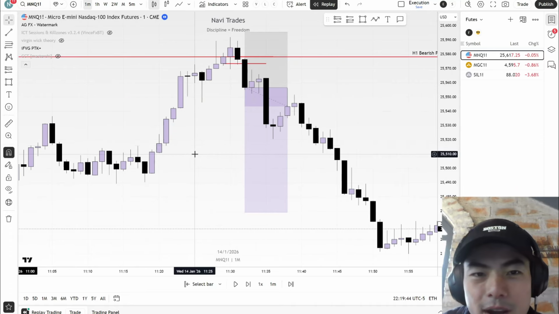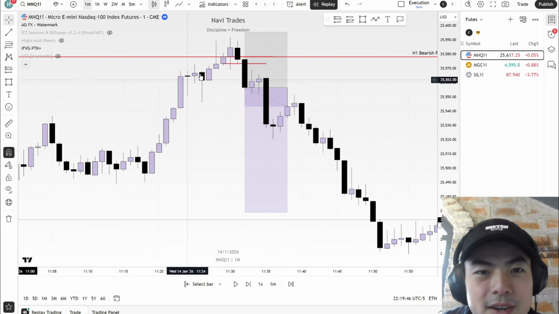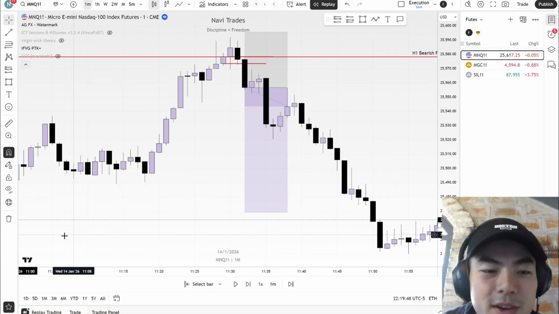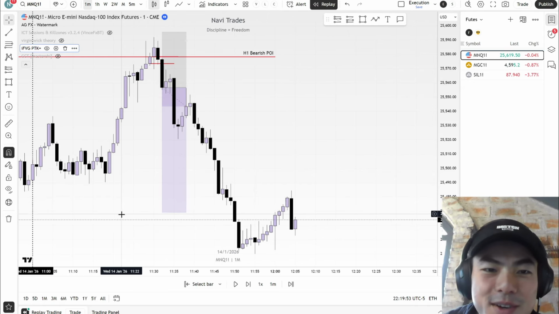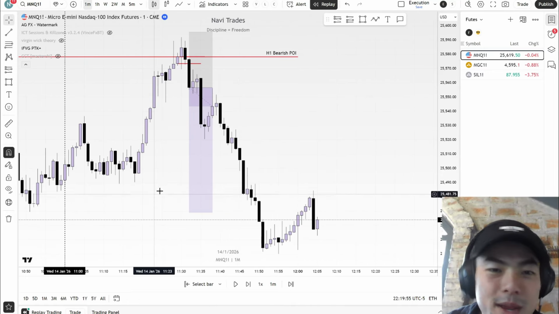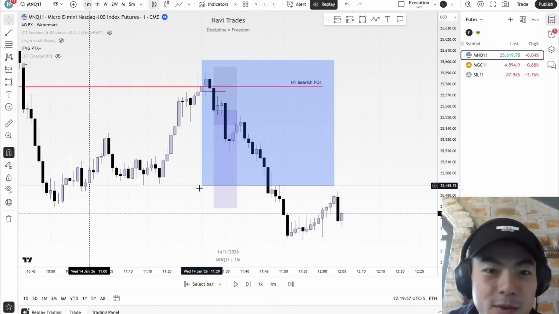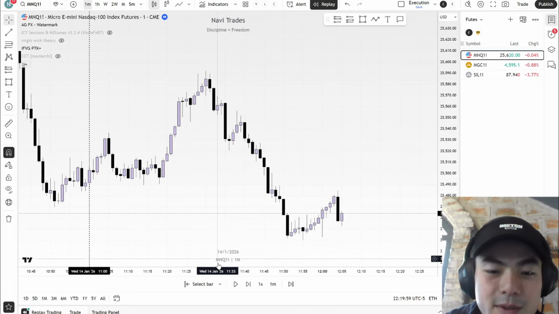But yeah, I only play IFVGs. I did not see an IFVG here, so I wouldn't have taken that. Plus, I don't trade from 11 a.m. anyways. That's like bedtime for me because I'm in Asia. But yeah, that would have been a nice trade if you take engulfings or CISDs.